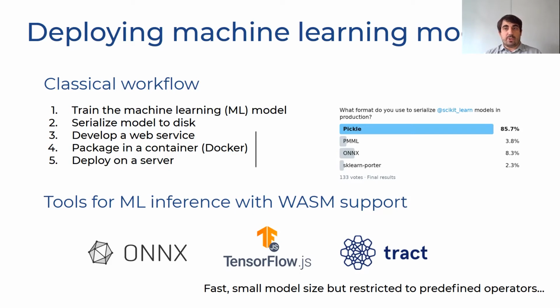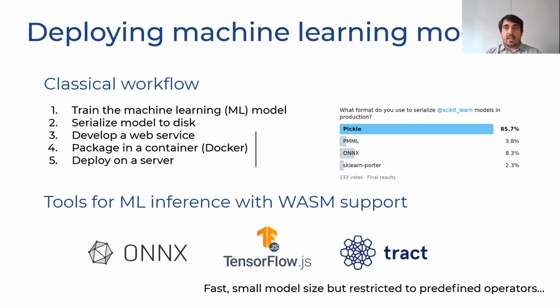For PyTorch, another one, etc. Then you have to develop some kind of web service so that the user can interact with your model. Then you package it in a container, probably Docker, and then you deploy it on the server. Of course, the last three steps are automated by some tools, or at least abstracted by some tools, but they're still there.